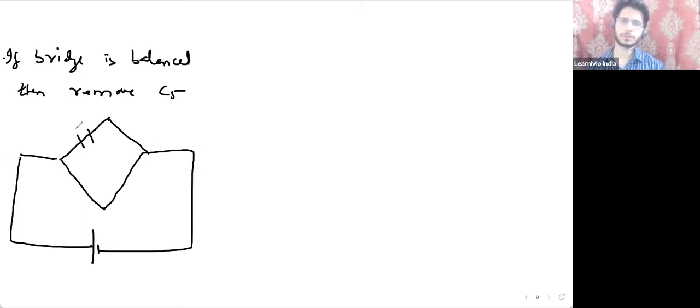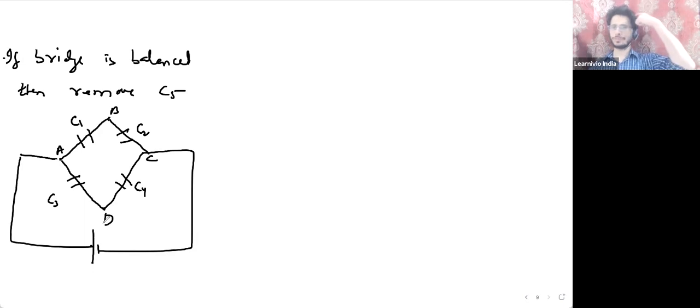This is C1, this is C2, this is C3, this is C4. That's A, that's B, that's C, and this is D. So you can see this C1 and C2 are connected in series.